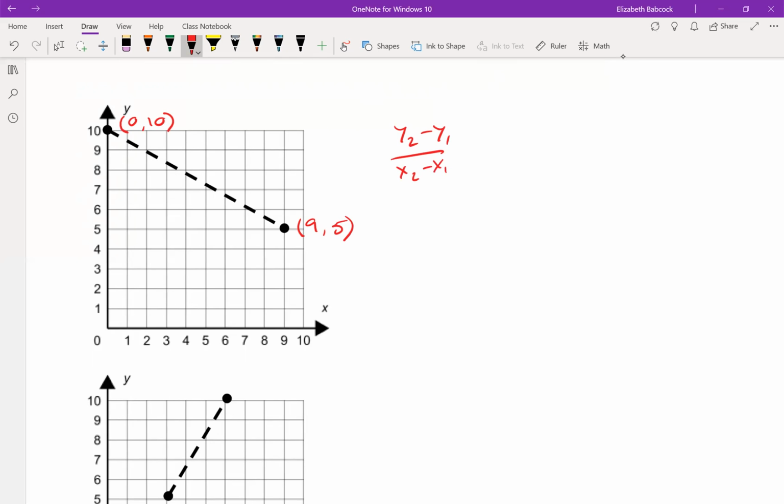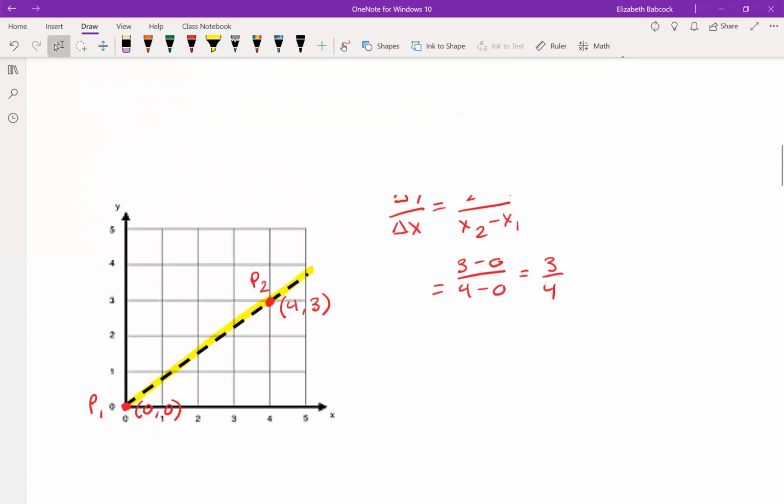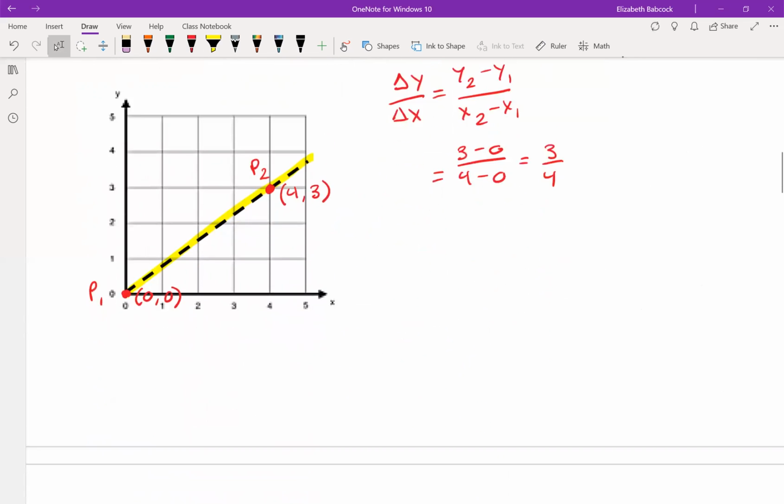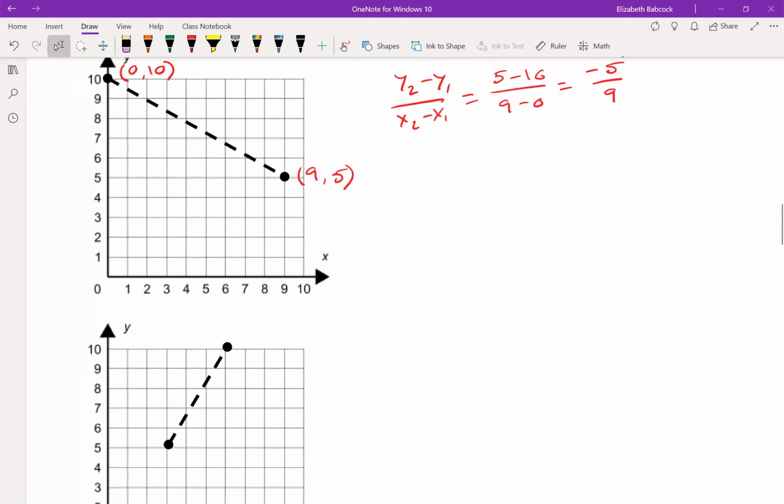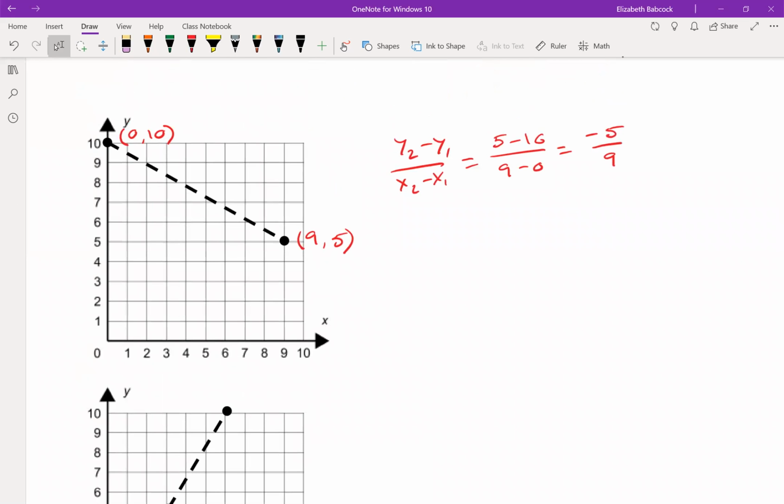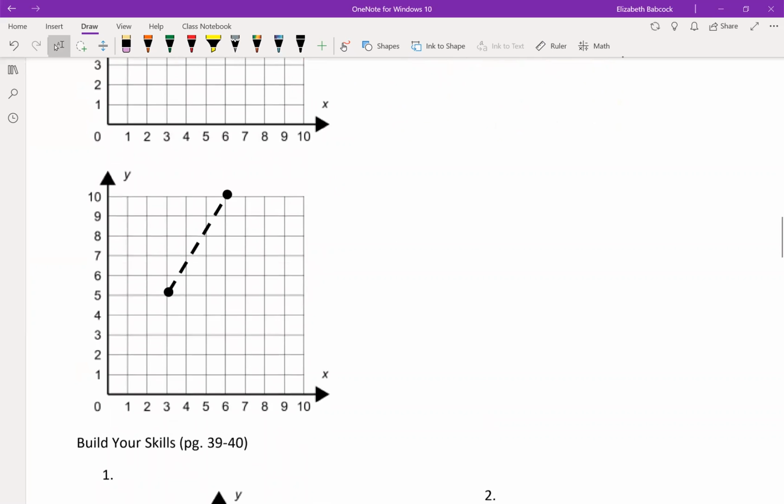We have 5 minus 10, 9 minus 0. We're going to end up with negative 5 over 9. Slope fits with negative for Mr. Slope Guy. Let's double check. Yes, negative slope. It is the correct directionality for it. Negative fraction, we're good to go. There we go. That's our final answer for that one.